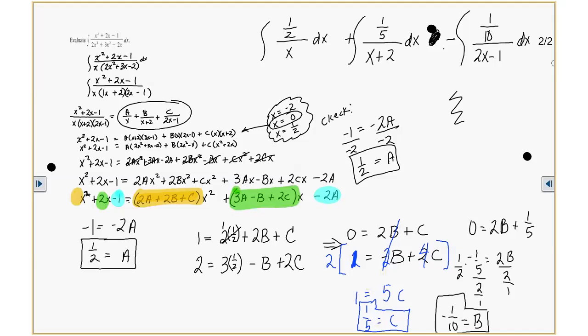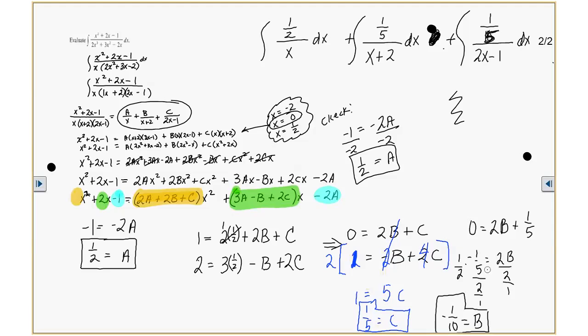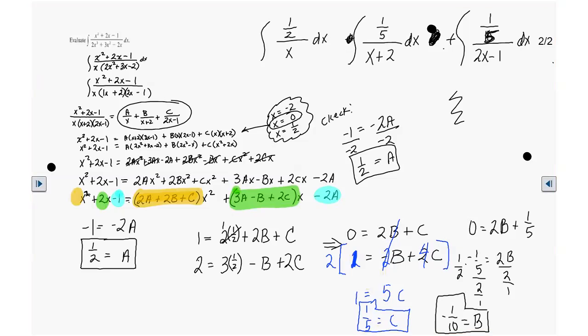Oh, of course. All right, so that'd be a plus 1/5 here. I'm sorry, y'all, the eraser somehow changed, and this is negative 1/10.